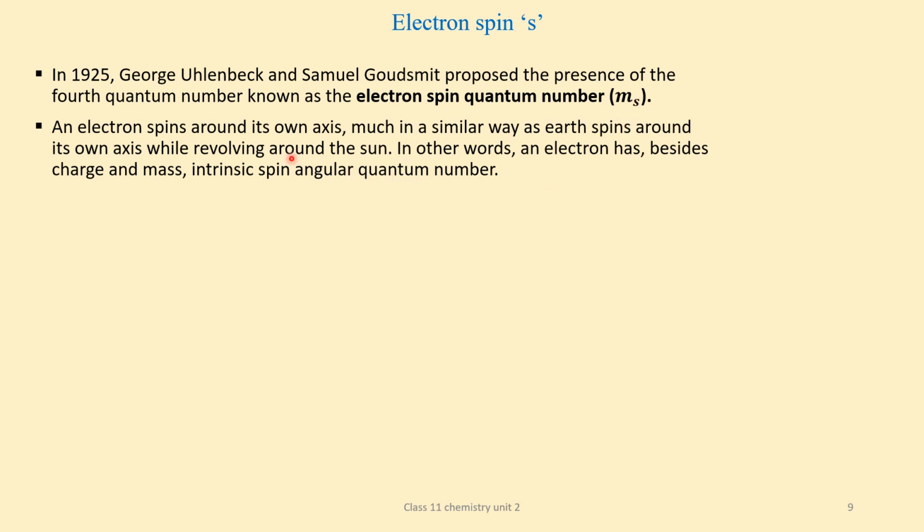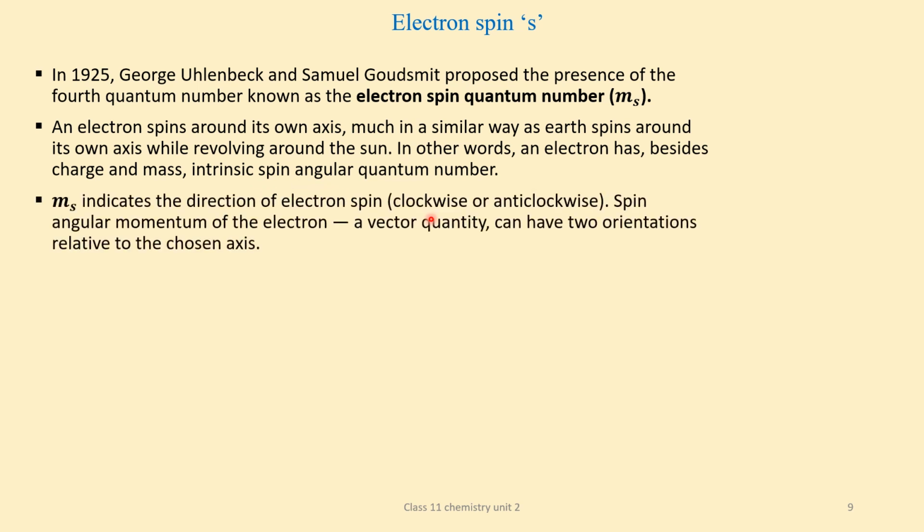An electron spins around its own axis much in the same way as Earth spins around its own axis while revolving around the Sun. In other words, an electron has, besides charge and mass, intrinsic spin angular momentum. ms indicates the direction of electron spin. It can be clockwise or anticlockwise.